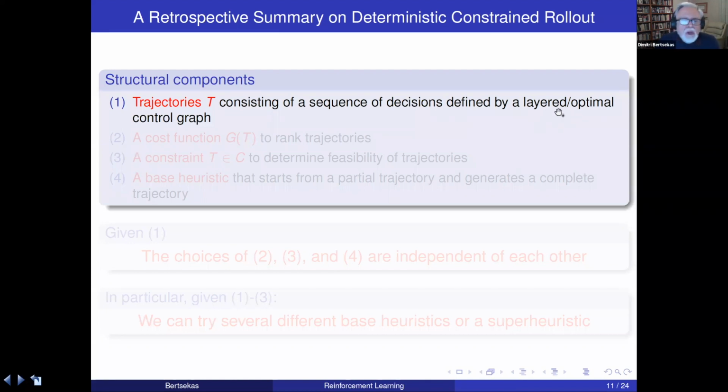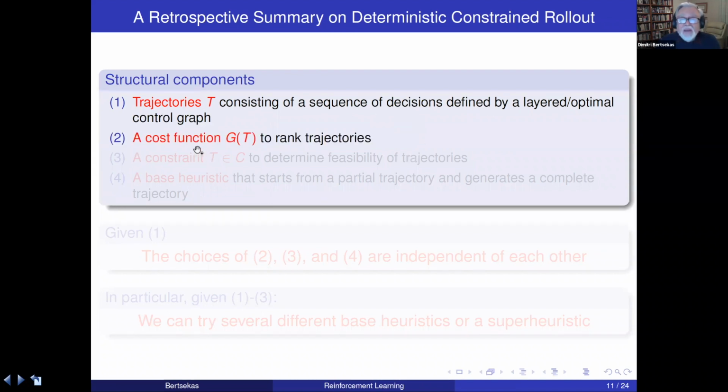So there is this optimal control graph that we're using, and the assumptions here are that the problem is deterministic and is also finite state and control. We will not be able to go through all the argumentation of the previous slides if we had an infinite control space. We have a finite control space and a finite state space. And we have a graph that defines the transitions. So this is the dynamic system defined by the graph.